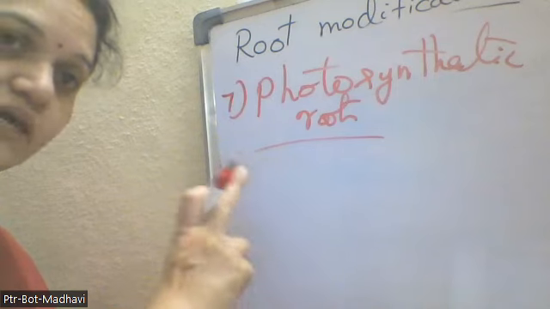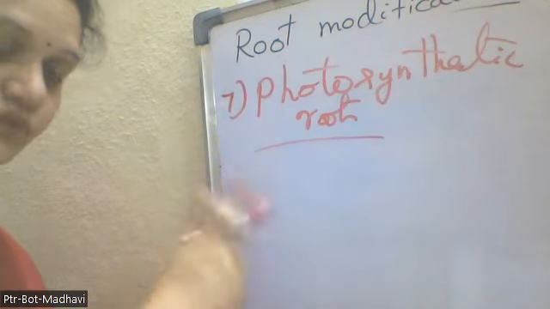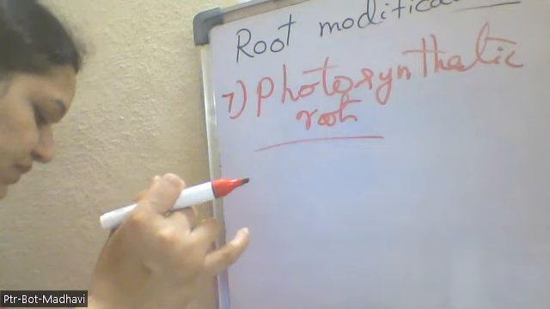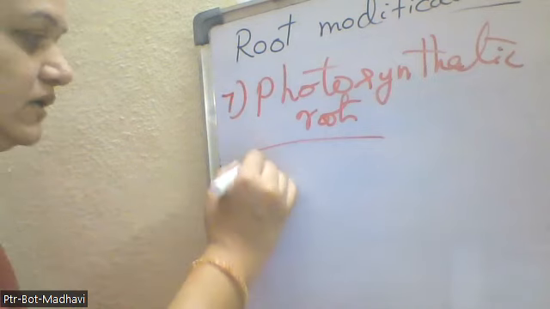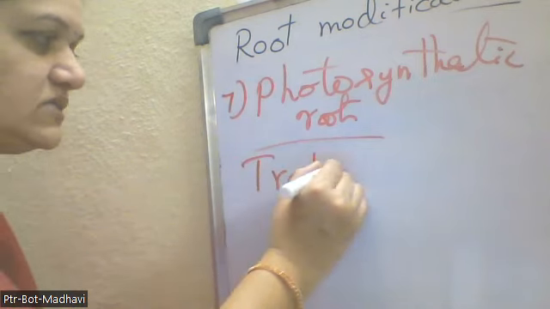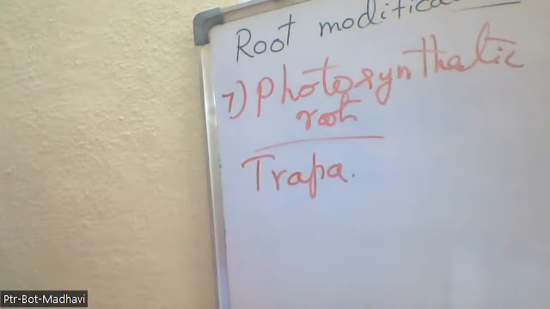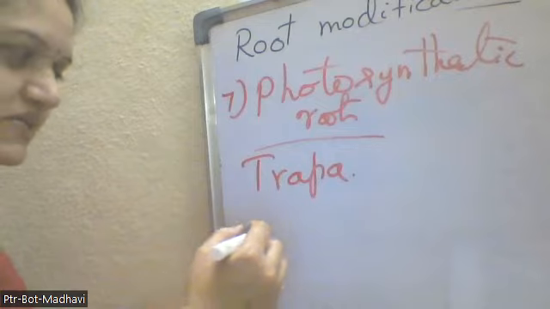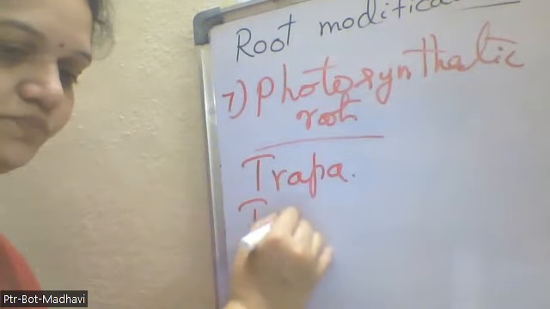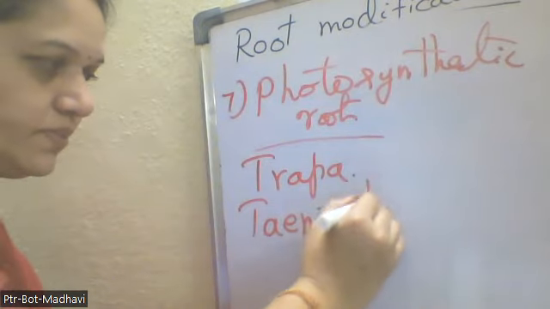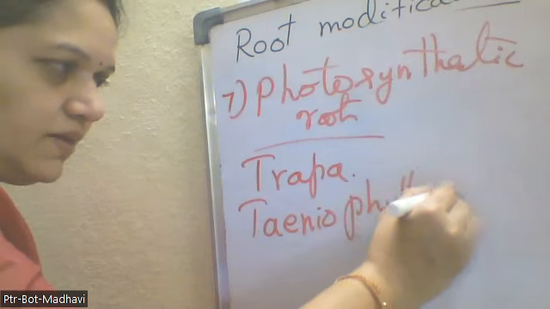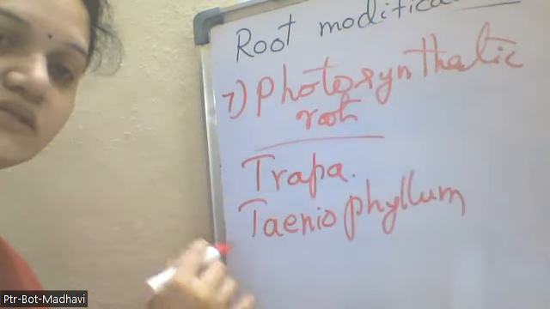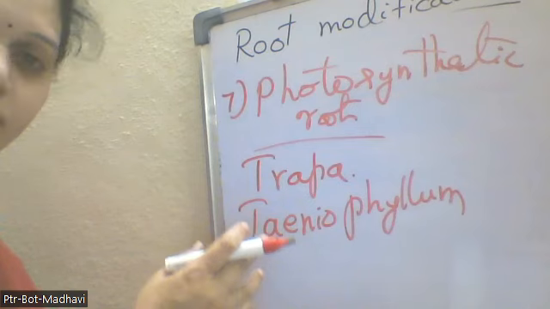So the roots will do the absorption as well as photosynthesis. Example is trapa, an easy example for the photosynthetic roots. Otherwise, we can say it as taeniophyllum also. This example or that example, whichever you feel better.